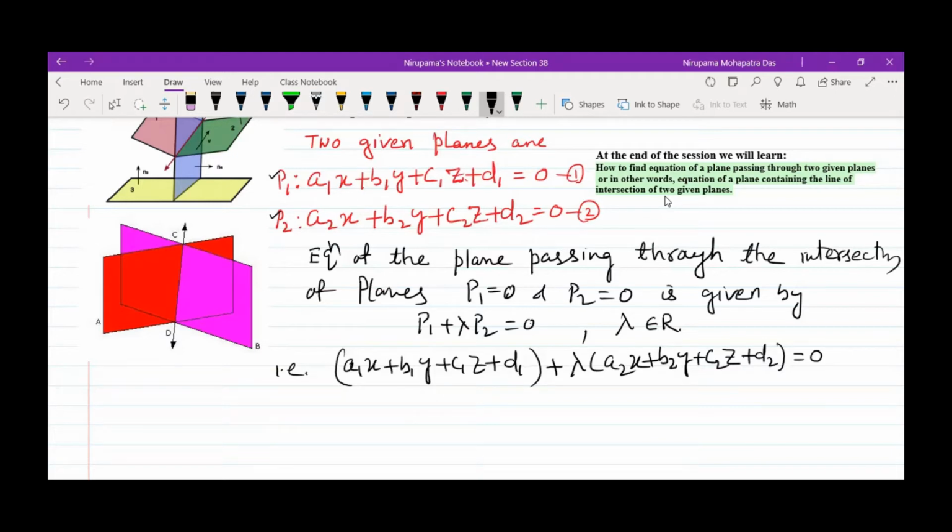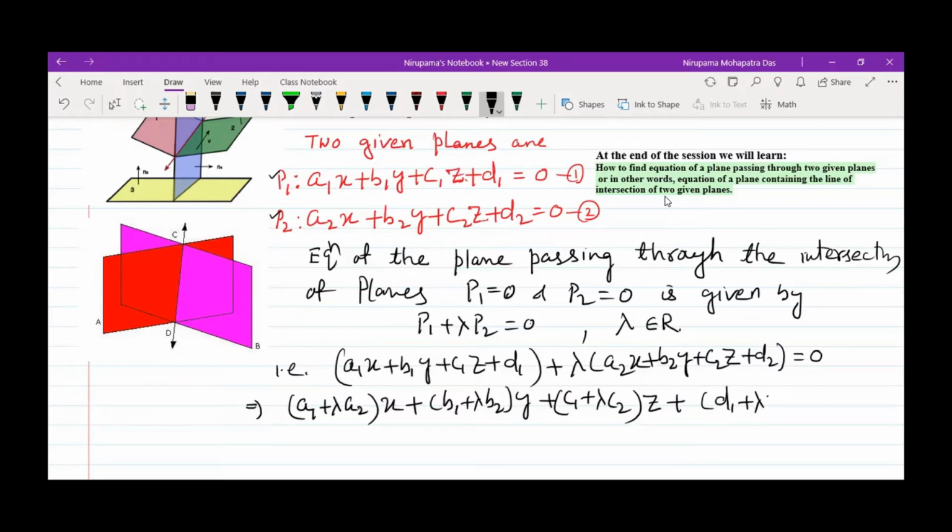If you observe this, it can also be written as (a1 plus lambda a2) into x plus (b1 plus lambda b2) into y plus (c1 plus lambda c2) into z plus (d1 plus lambda d2) equal to 0.